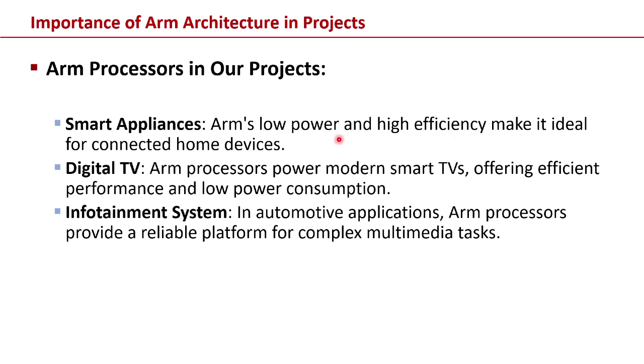That feature makes customers, software developers, and hardware engineers use the ARM processor. In the case of digital TV, all of the products are based on the ARM processor. ARM processors power the modern smart television, offering efficient performance and lower consumption.